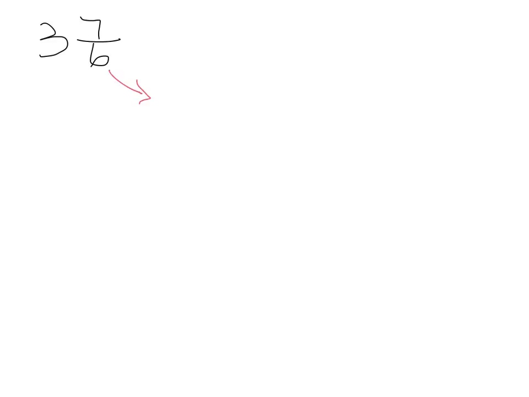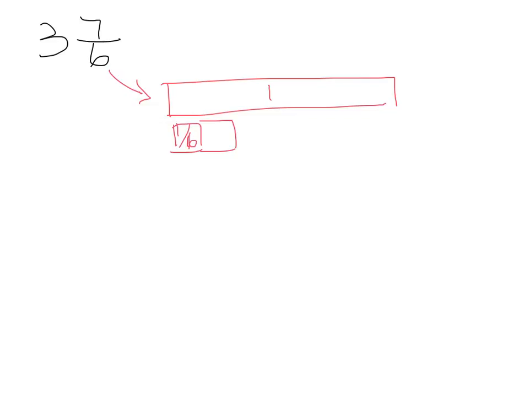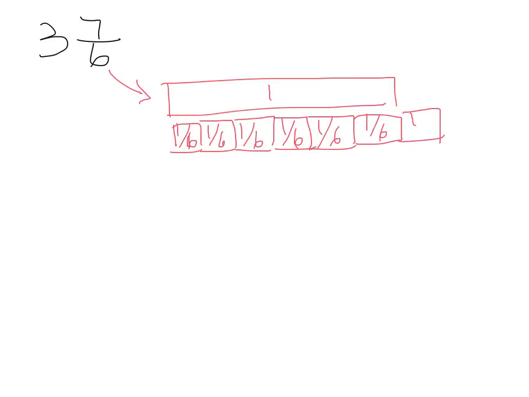So, I know that if I had one whole, this goes back to the last lesson, and I had sixths, how many sixths equal a whole? 6. Very good. 4, 5, 6. But how many sixths do I have? 7, right? That means there's one extra one out here beyond my whole.